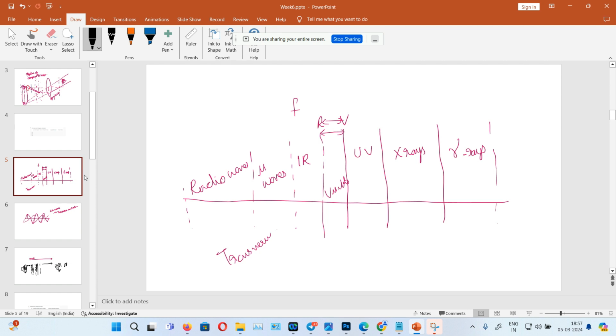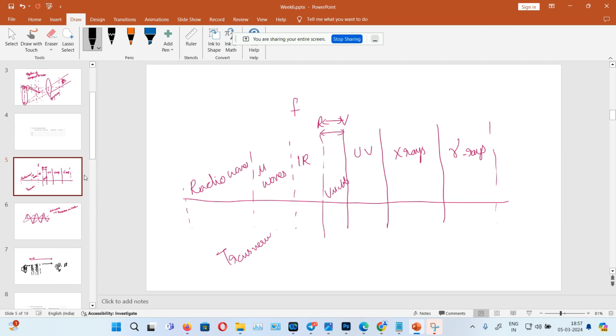Beyond that wavelength, or below that wavelength, our eyes cannot detect it. For example, if you increase the frequency after violet, you cannot see. Till violet only, at 400 nanometer wavelength, you can see. Beyond that, as the wavelength decreases, you cannot see it as light. That portion, beyond violet and beyond our detection level, is called ultraviolet.